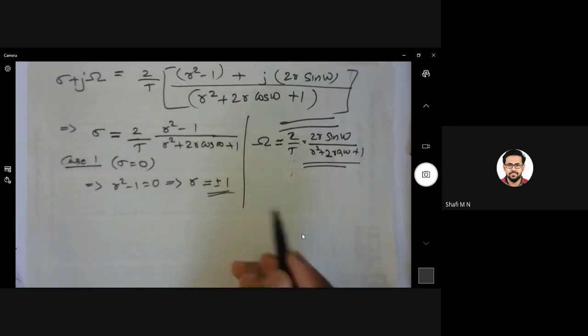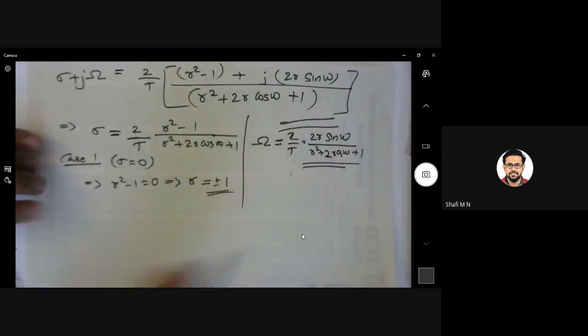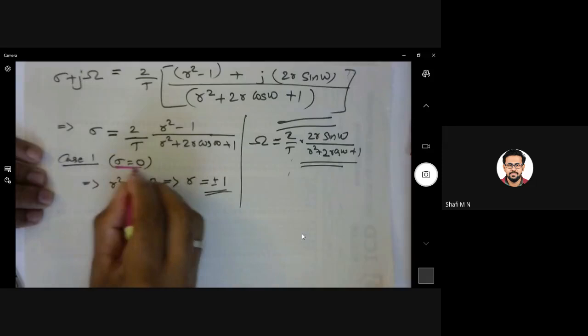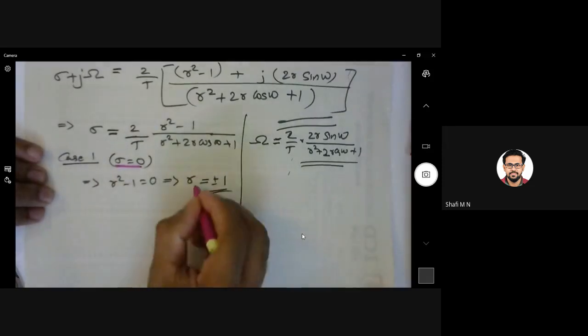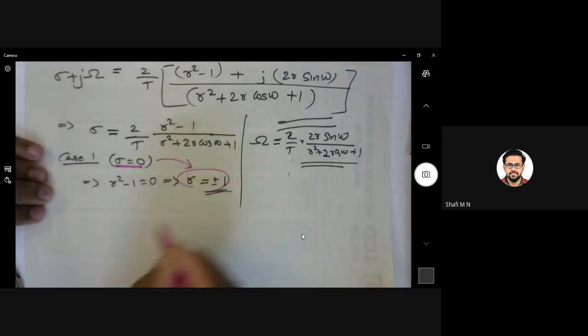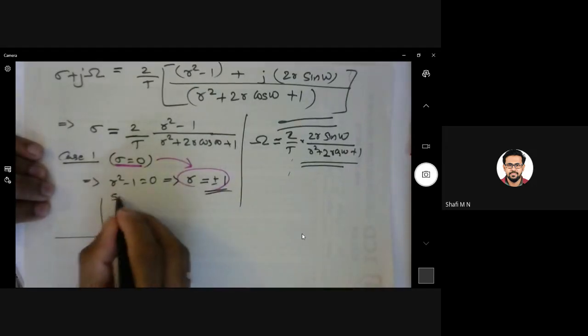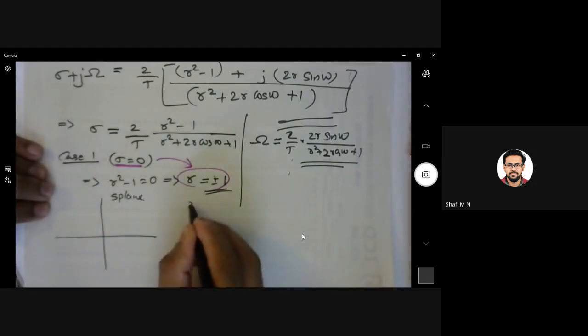So what you understood from this? That's the question. Sigma equal to 0 in the S plane is transformed to r equal to 1. So if you draw the axes, this is the S plane, and this is the Z plane.